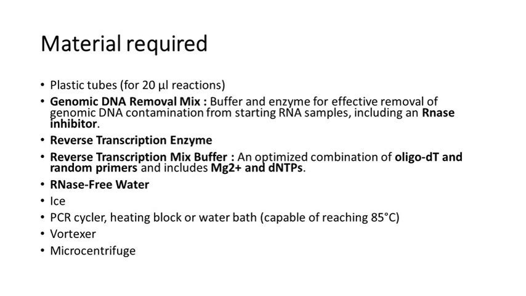It is a mixture of DNase, and it will also have an RNase inhibitor. The reason they use this genomic DNA removal mix is that if there is any genomic DNA contamination, it will be degraded by this DNase enzyme.